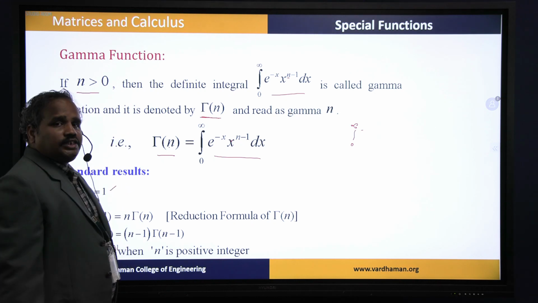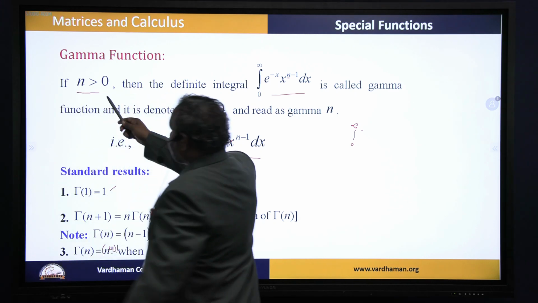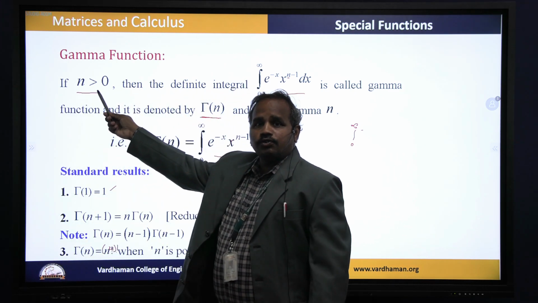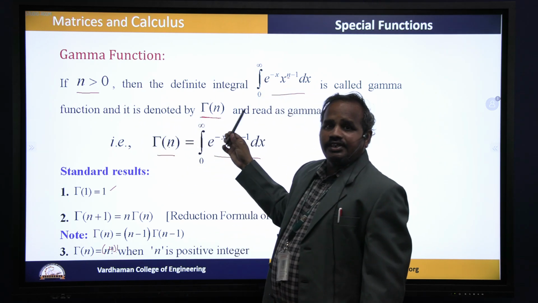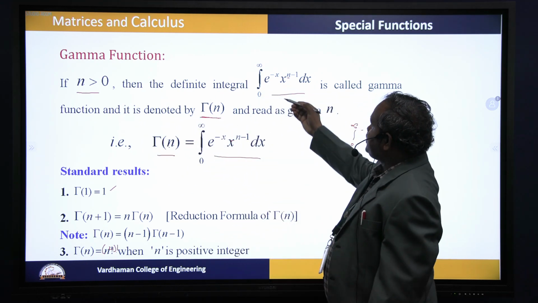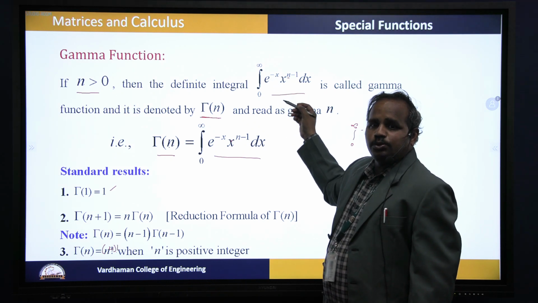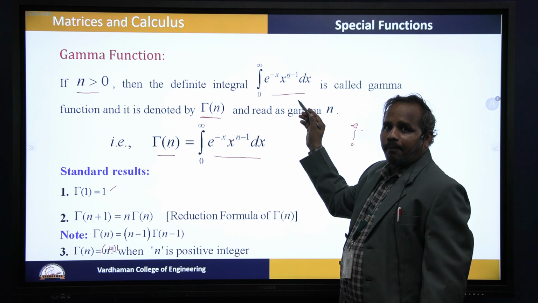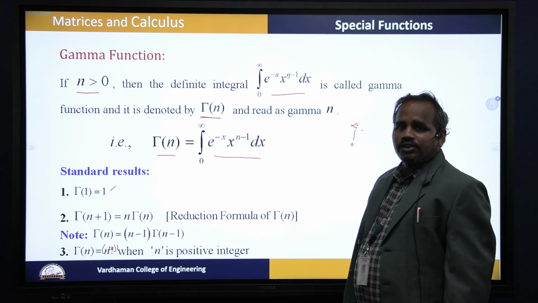Now, the definition of the gamma function. We define the gamma function for every positive value of n. If n is greater than 0, then the definite integral from 0 to infinity of e power minus x into x power n minus 1 dx is known as the gamma function.